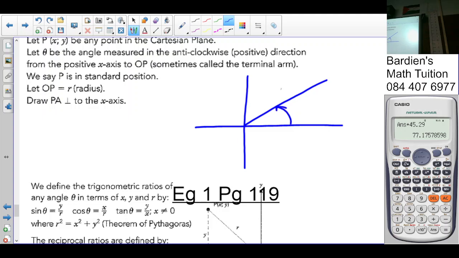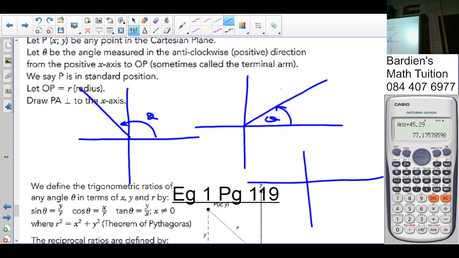That will be your theta angle, an acute angle. If it's in quadrant 2, there's your theta angle. So this is your obtuse case.